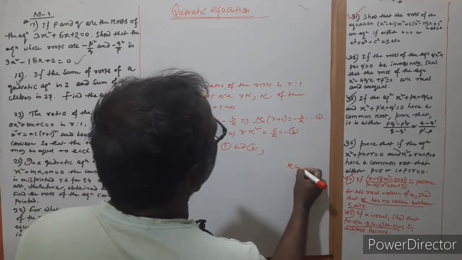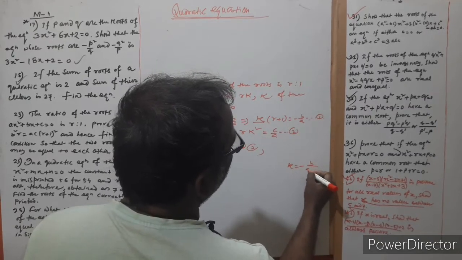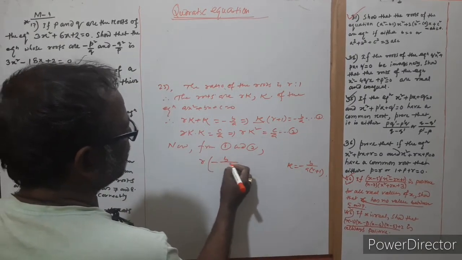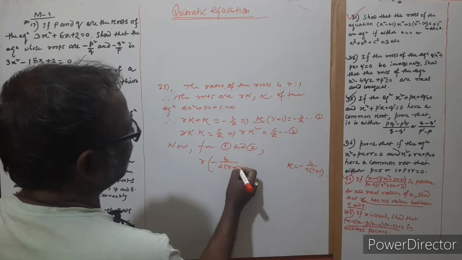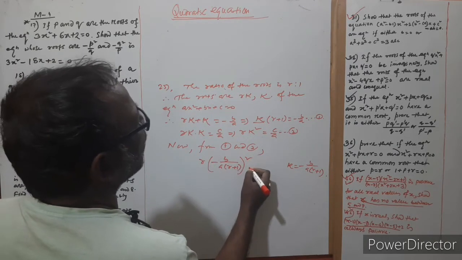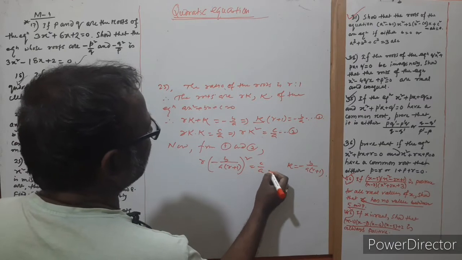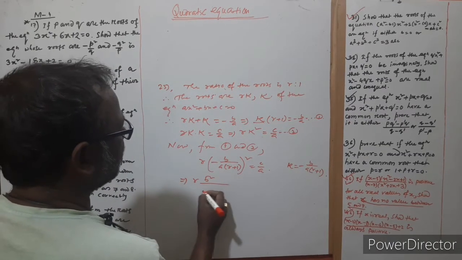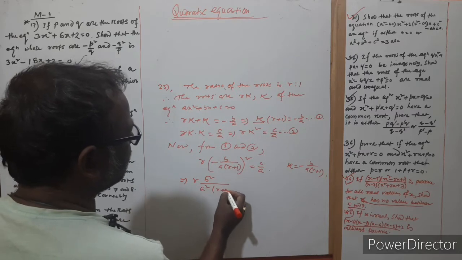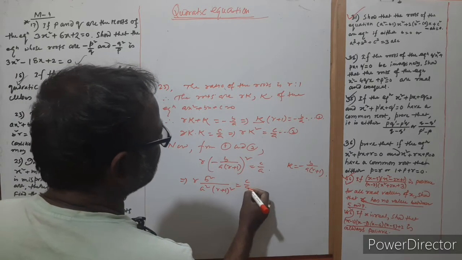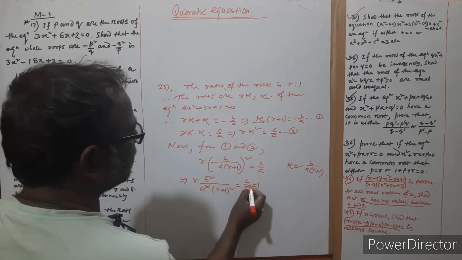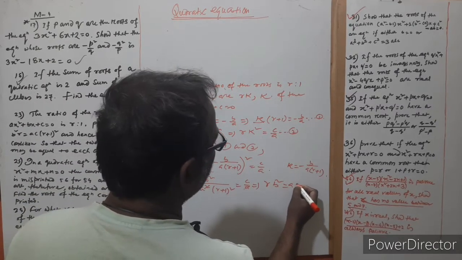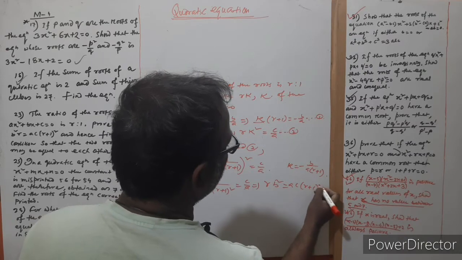Since k is equal to minus b by a into r plus 1, put the value of this here, and c by a here. So r into b square by a square r plus 1 whole square equals c by a. So r b square equal to ac into r plus 1 whole square.